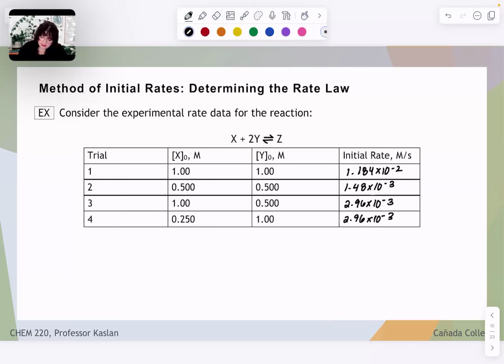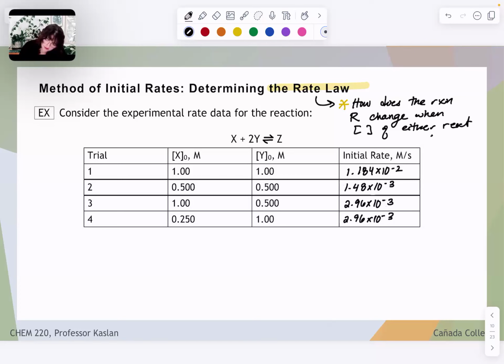So anytime we are asked to determine the rate law, we are asking ourselves, how does the reaction rate change when the concentration of either reactant changes?